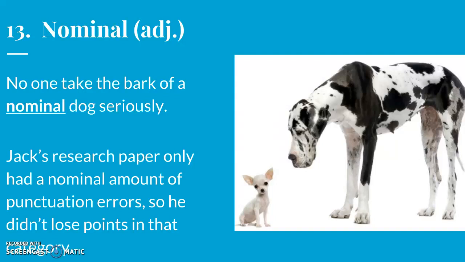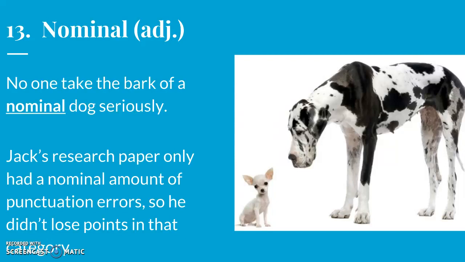Number 13 is nominal, which is an adjective. Nominal can be used in a couple of different ways. One definition for nominal is existing in name only, not real. The other definition for nominal is too small to be considered or taken seriously. So this can sometimes be small in size or small in amount.